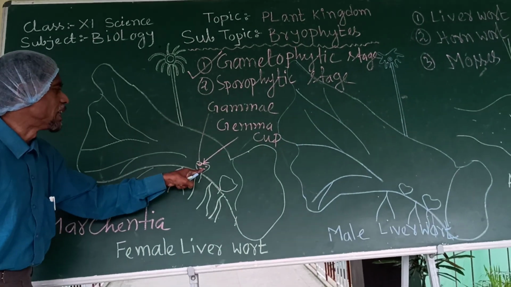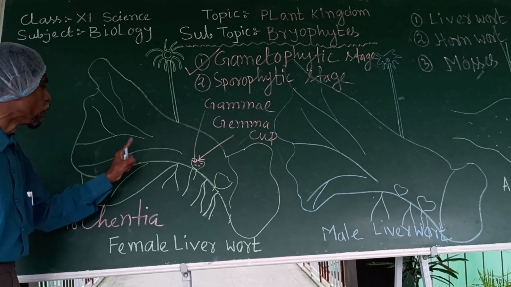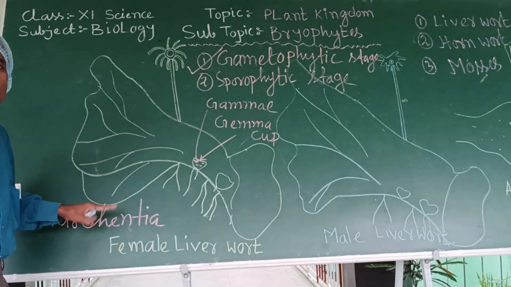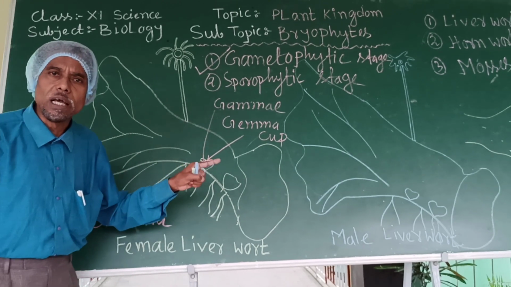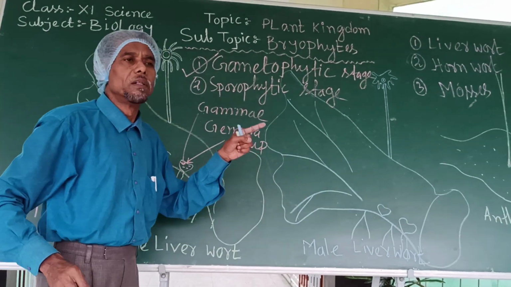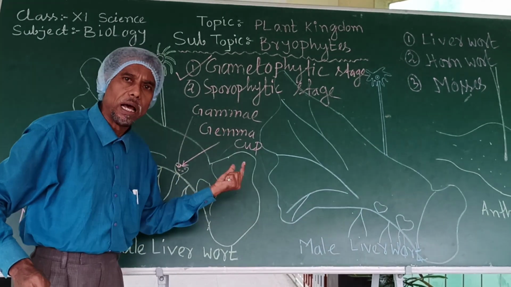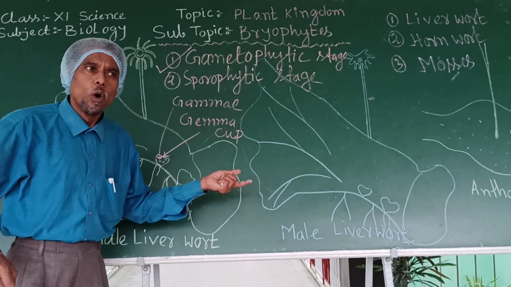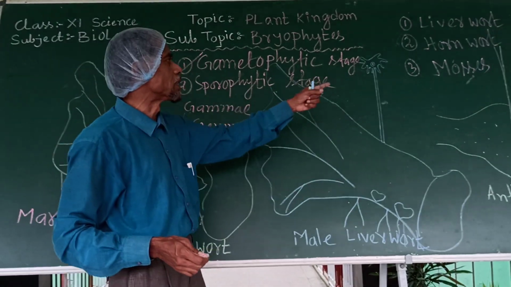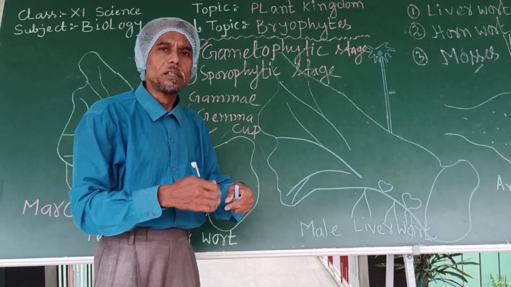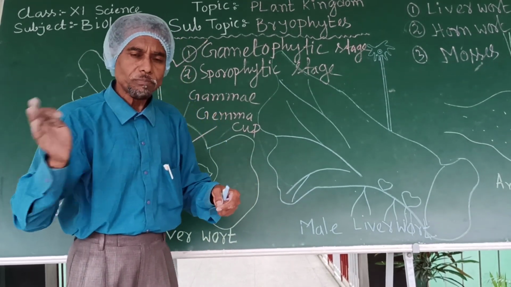And by virtue of this, asexually they can produce a new Marchantia. Or in their life cycle, by means of vegetative propagation also, they produce a new thallus by means of fragmentation. Or in some cases, for example in mosses, by means of budding also, they produce a new individual.